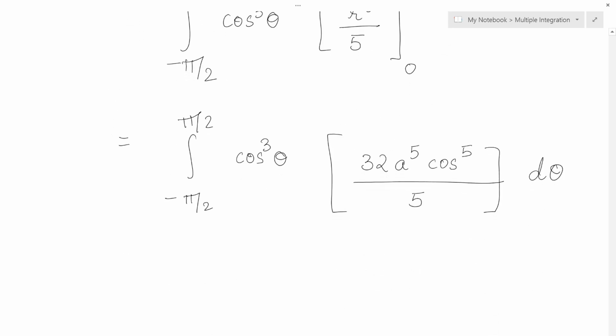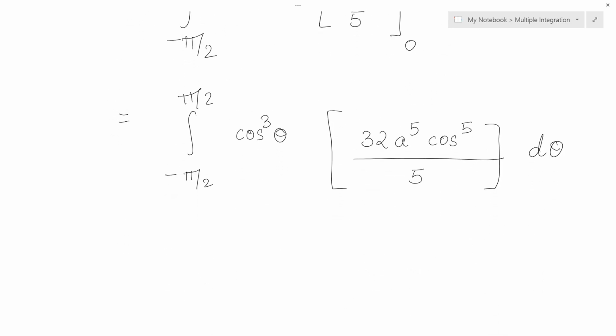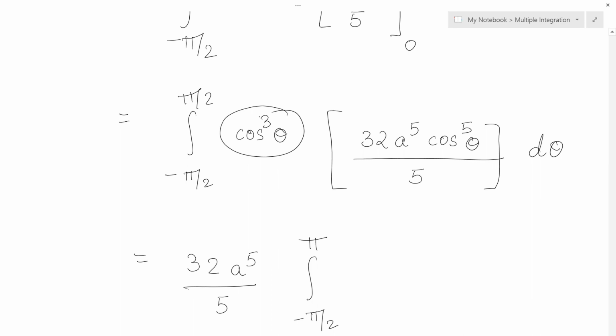So now last integration remains. You have to integrate with respect to theta. Just take out constants common. You have 32 a raised to 5 upon 5 outside the integration, and inside you are left with minus pi by 2 to pi by 2. Here it is cos cube and here it is cos raised to 5.